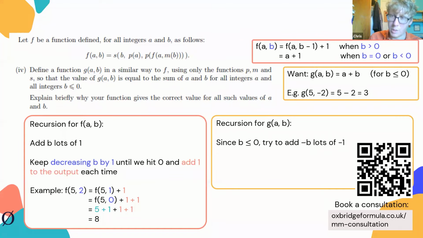If you think of it as the number of times we did this, you can't do it a negative number of times. But we do want to get plus b. So our plan maybe is minus b is positive. So what if we did minus b lots of minus 1? That's one way to come at this problem.